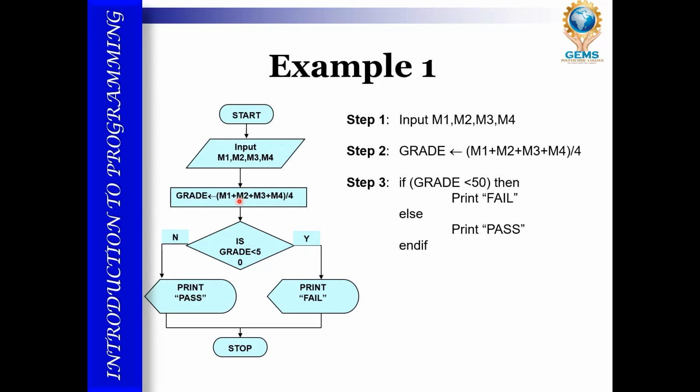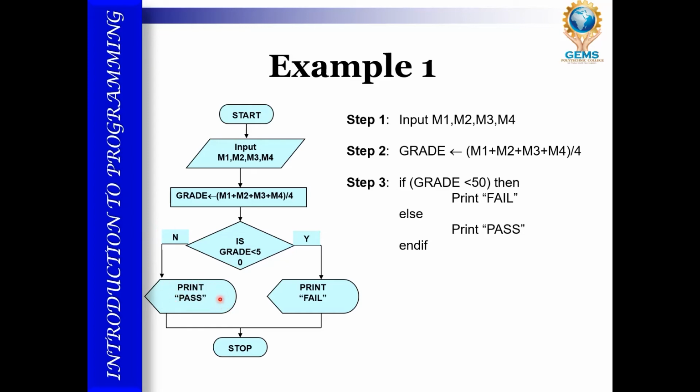Now we have to check the condition. Step 3 is the if condition; I am using grade is less than 50. Here we are going to check whether grade is less than 50. If yes, print fail; if no, print pass. So this is the output screen.